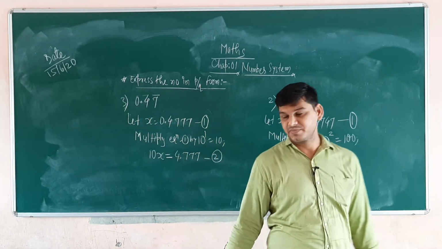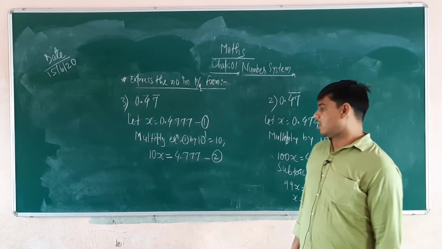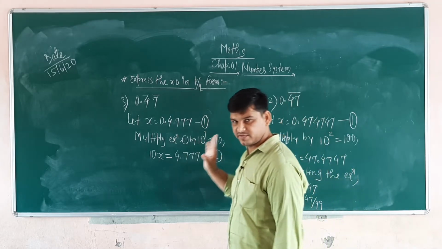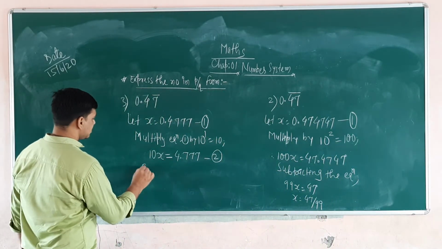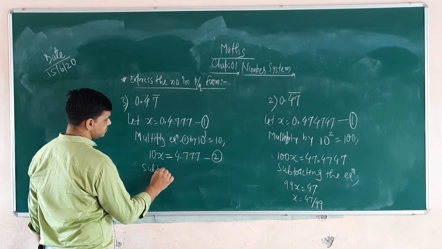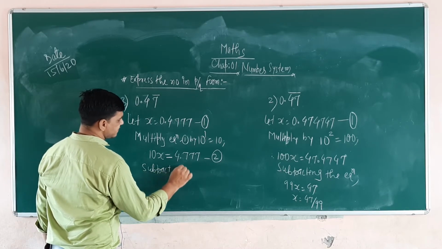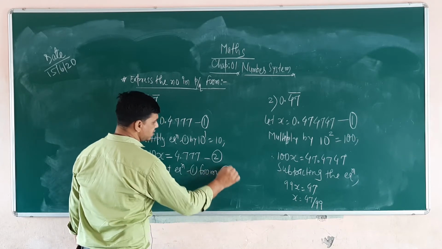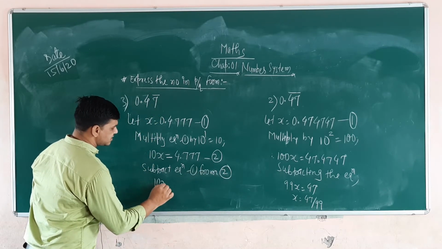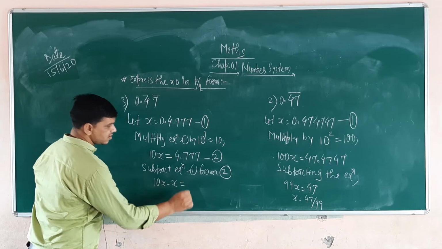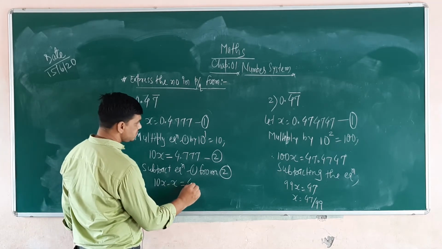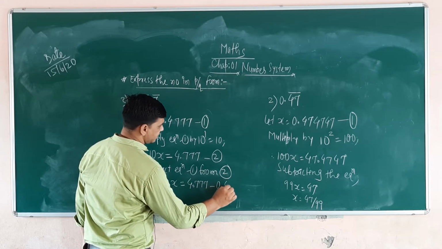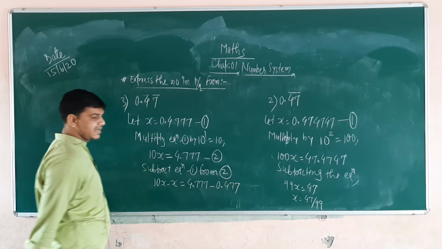4.77 and 7, right? Now next step, subtract equation 1 from equation number 2. So 10x minus x is equal to 4.777 minus 0.477, right?